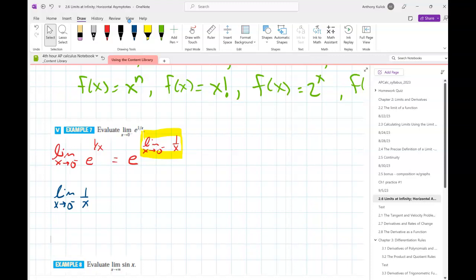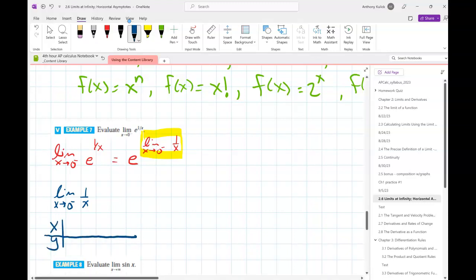Graph or table, right? I'm going to do a table, because I'm going to pretend that we don't have our graphing calculator for this. We're getting close to 0 from the left, so maybe I start at negative 0.1 and we'll get a little bit closer and closer. What is 1 over negative 0.1?